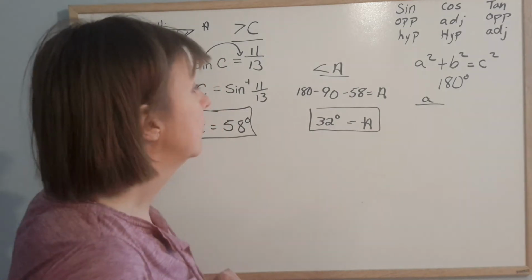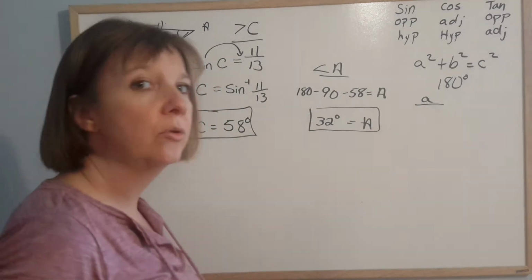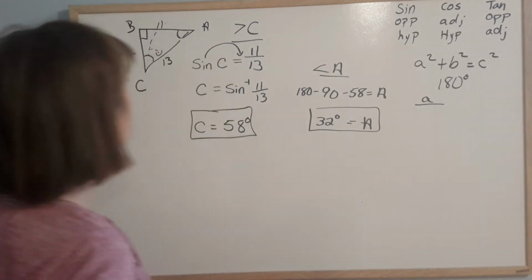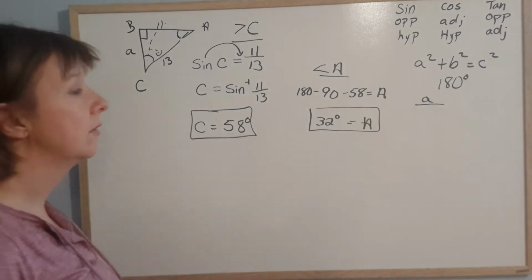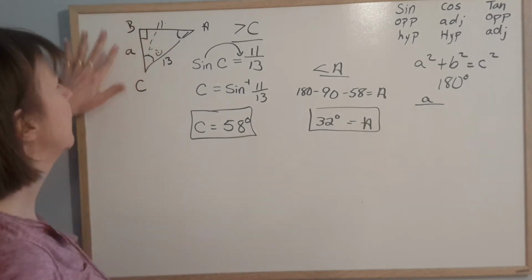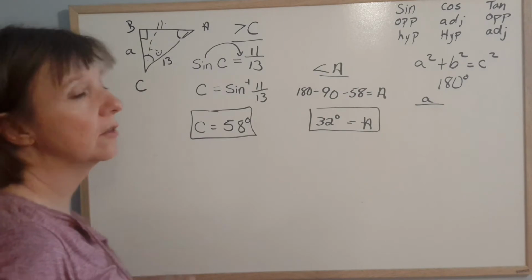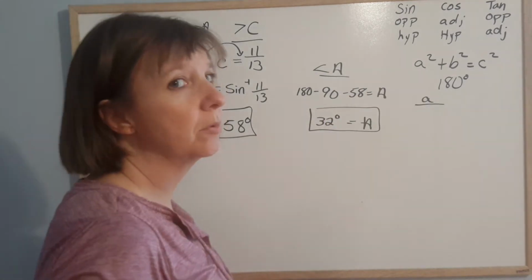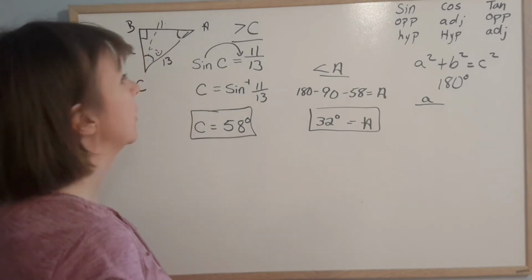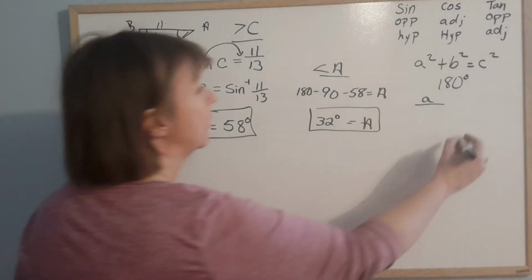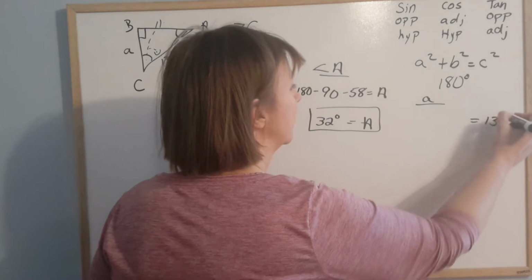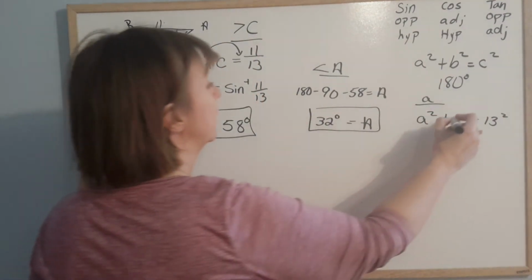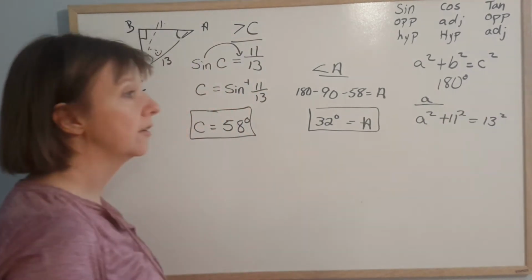Then I want to find side A. Again, I can do that in a lot of different ways. In this case, because I know two sides and I want to know the third, I would use a squared plus b squared equals c squared. Now remember, c is always my hypotenuse, so that's the 13. And the other two are a squared and 11 squared.